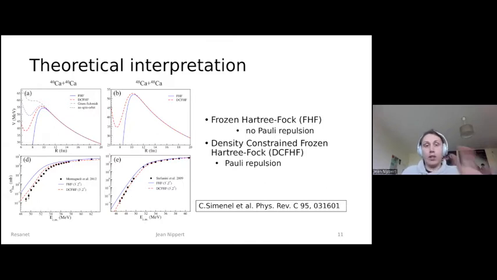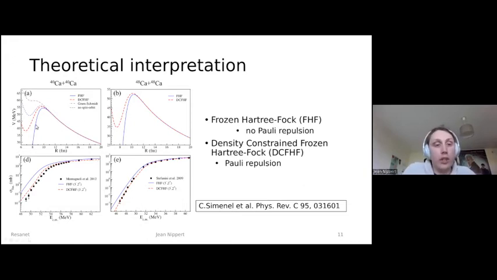The results are on the left. Basically, you have the potential on the top and the fusion cross-section as a function of the energy on the bottom, for two systems, calcium-40 plus calcium-40 and calcium-48 plus calcium-48. The frozen Hartree-Fock theory is the theory they used before, and the new theory with the Pauli repulsion is the density constrained frozen Hartree-Fock, in red.